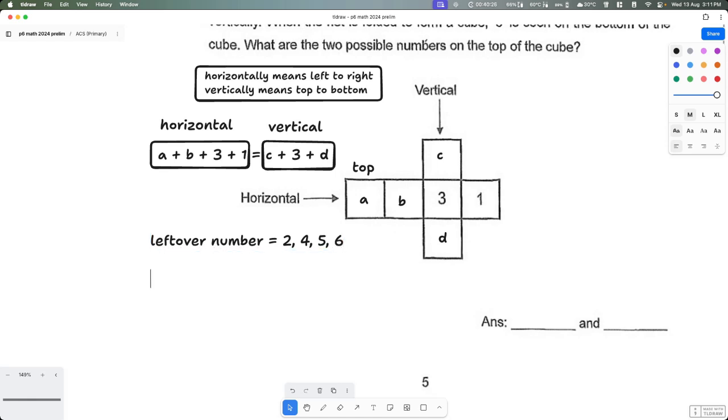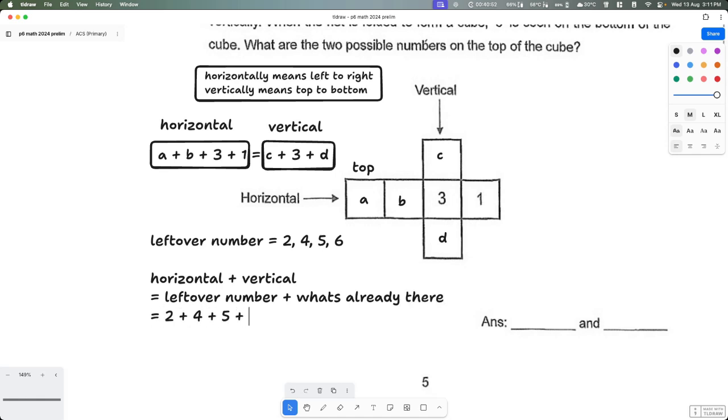First, we know that A plus B plus 3 plus 1 is equal to C plus 3 plus D. So why don't we just add all of this? Horizontal plus vertical is equal to the leftover numbers plus what's already there. Essentially it's 2 plus 4 plus 5 plus 6 plus 3 plus 1 plus 3.